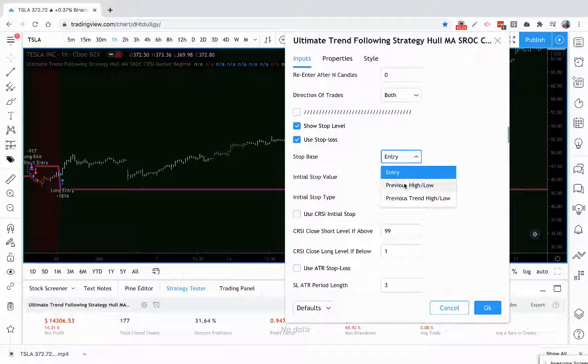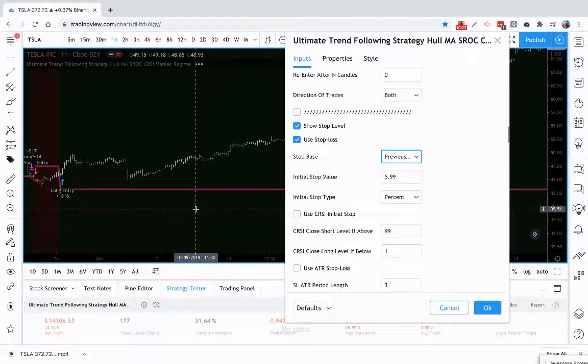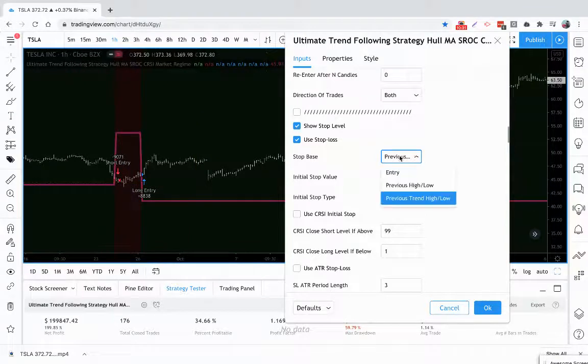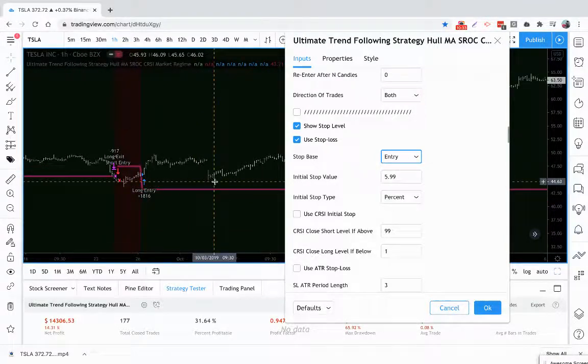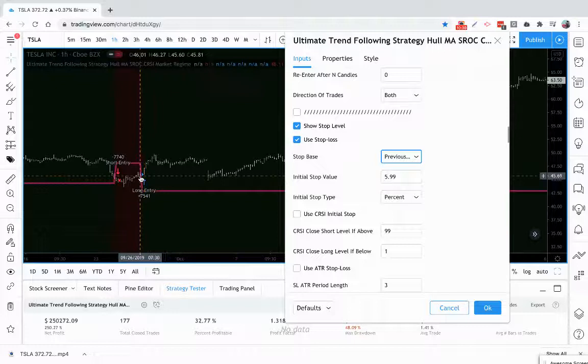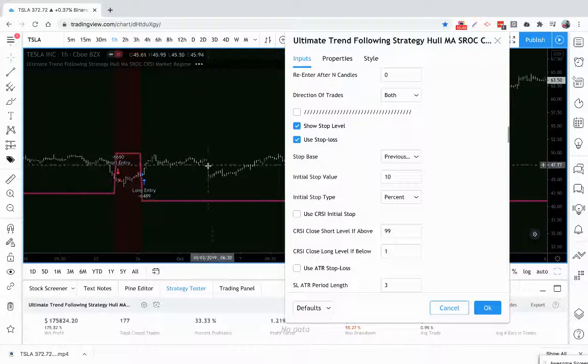You can even do it from the previous high or low or the previous trade. So the way the entry works is just from the entry. With previous high or low, we'll take the previous candle high or low and put the stop loss from that. We'll make this say 7% or 10%, not from the entry, but from the previous candle.